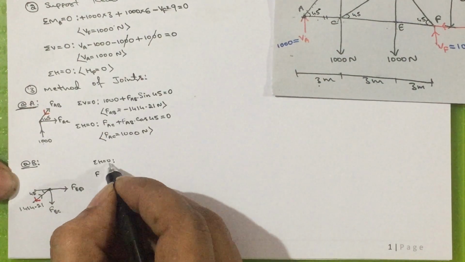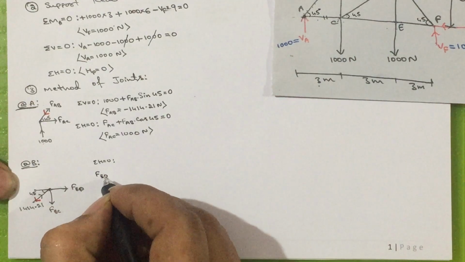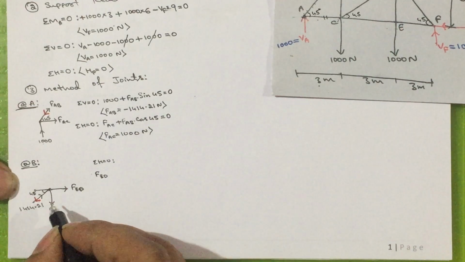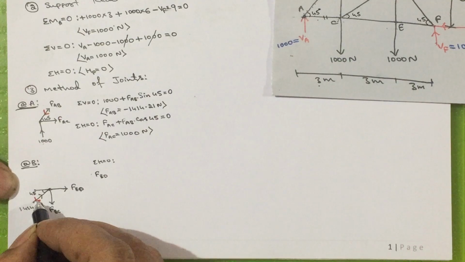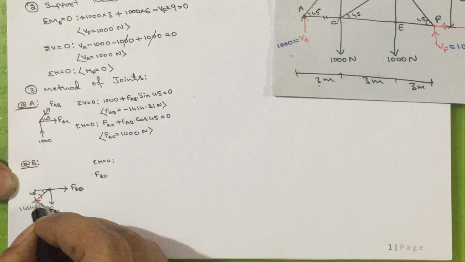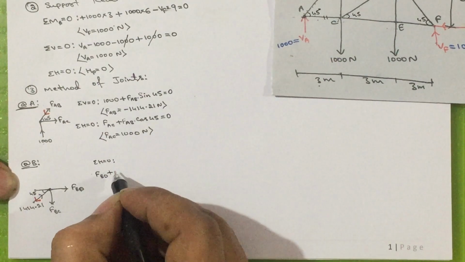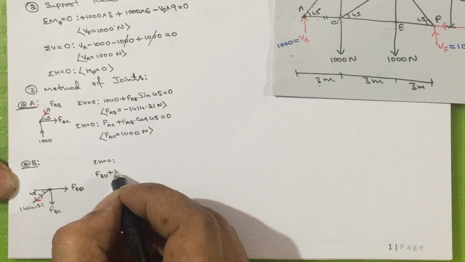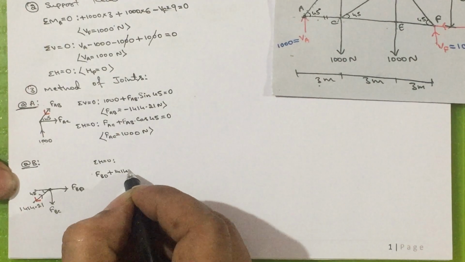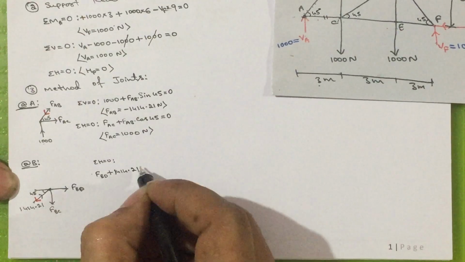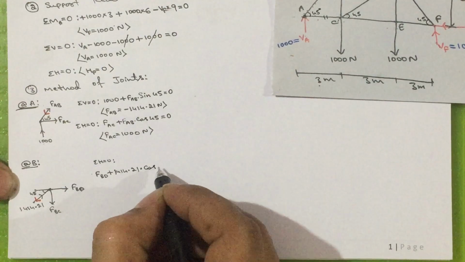So, sigma H equal to 0: FBD, then the vertical force, leave it. Then the horizontal component is moving rightward, so plus, the component is F cos theta, that is 1414.21 into cos of 45 degree.